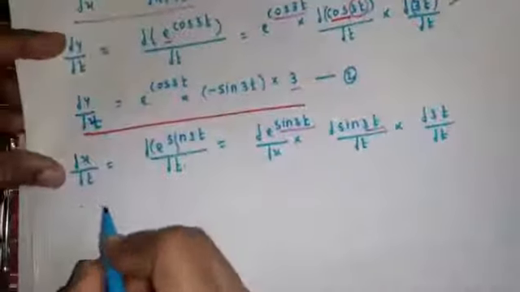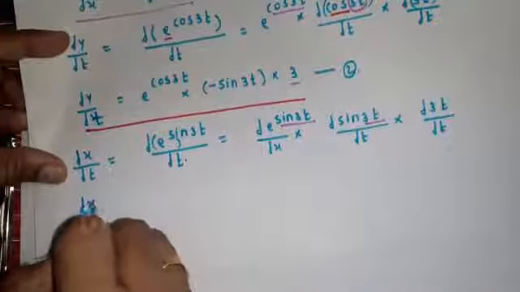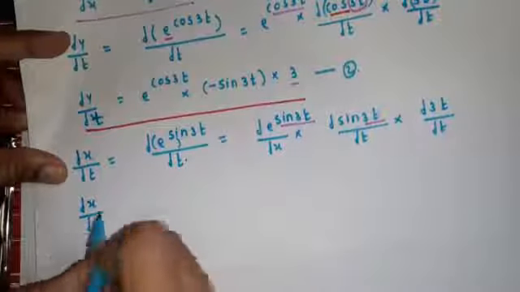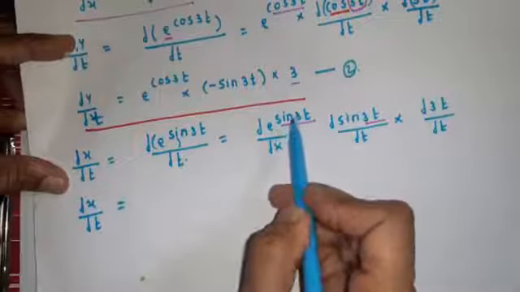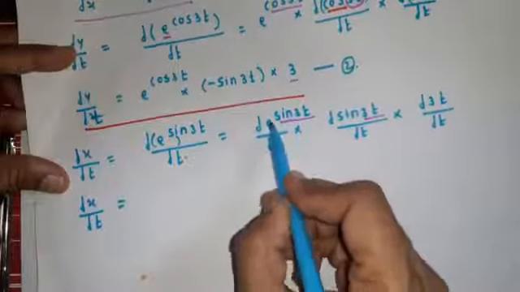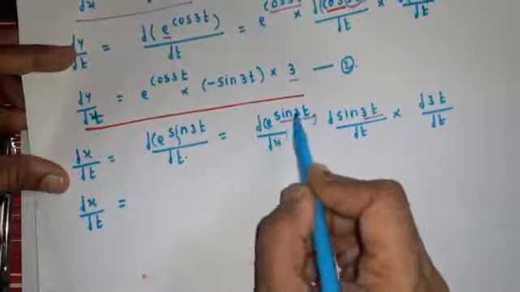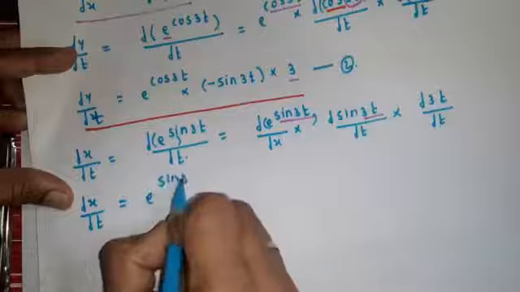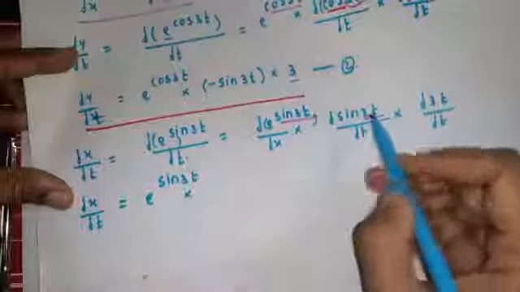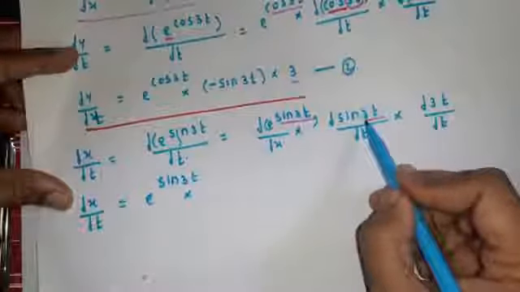Therefore dx by dt equals e raised to sine of 3t into differentiation of sine of x, which is cos x.